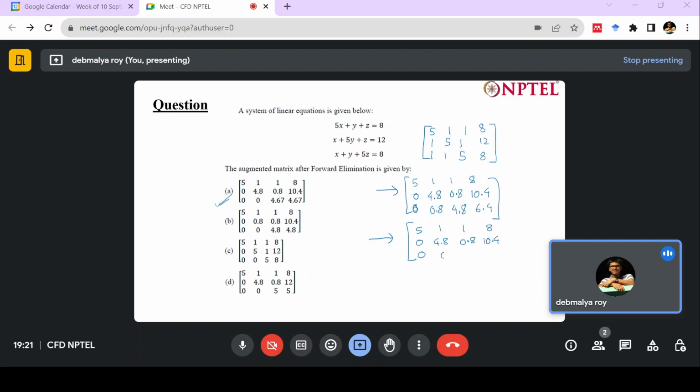This also becomes 0. To make it 0, what I have to do is multiply 1 by 6 with the second row and subtract it from the third row. So 4.8 into 1 by 6 would be 0.8, and if I subtract it from the third row, that would make the second column 0.